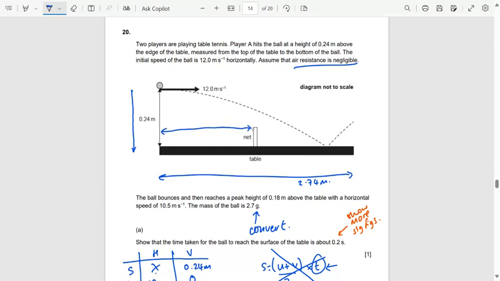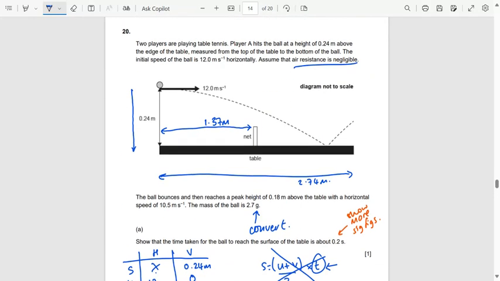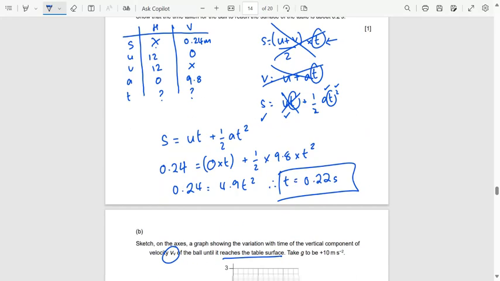So the range that the ball will have travelled when it goes past the net, either into the net or above the net, is 1.37. We also get told that the height of the net is 15 centimetres. So I'm going to put that in metres. That's a conversion.